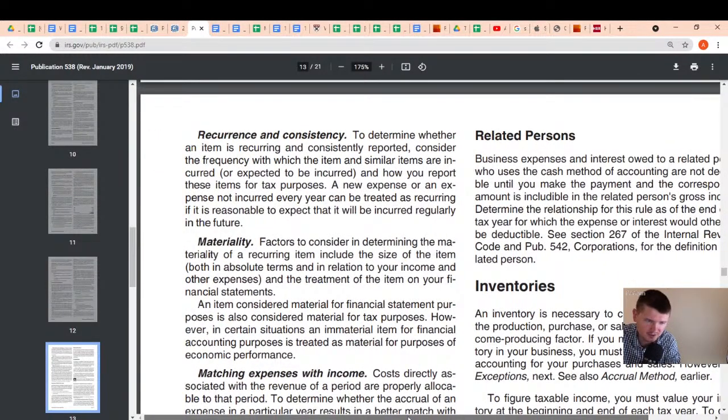What else interesting do we have here? So we have related persons.